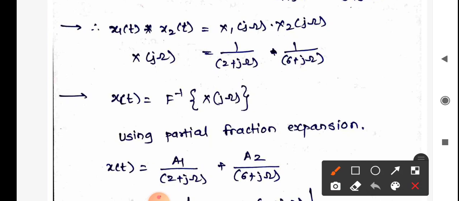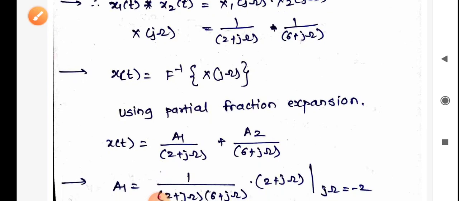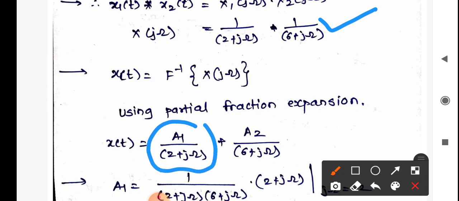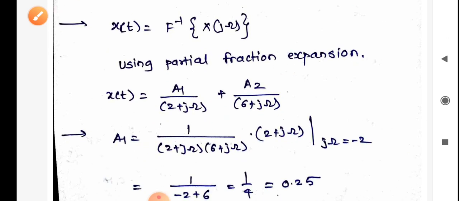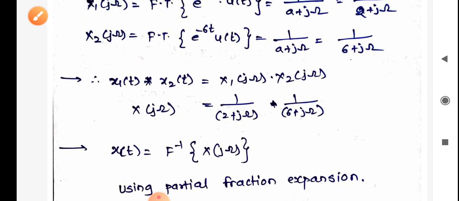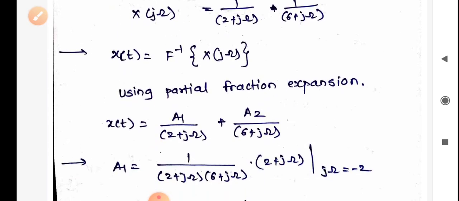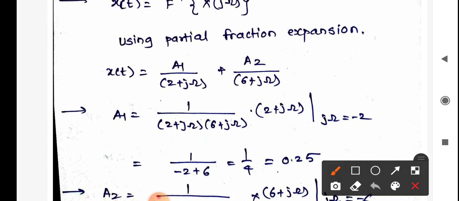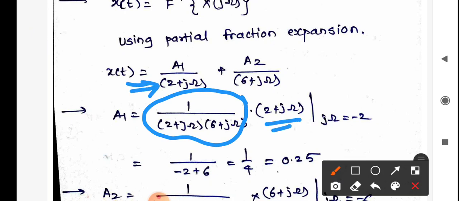Okay, so here my partial fraction expansion will help me. I can write this particular equation as a1 upon 2 plus j omega plus a2 upon 6 plus j omega. If I am required to obtain the value of a1, it is this entire equation multiplied with the denominator factor of a1, and the whole thing is evaluated at j omega equals minus 2.